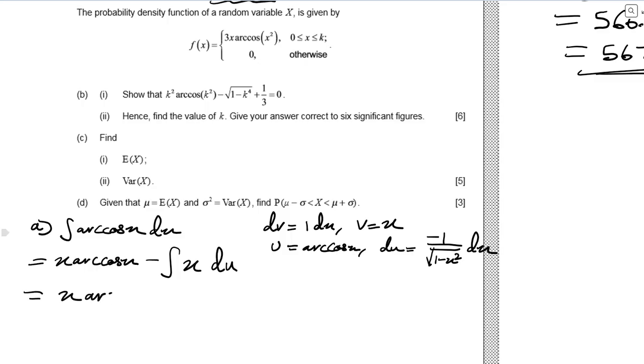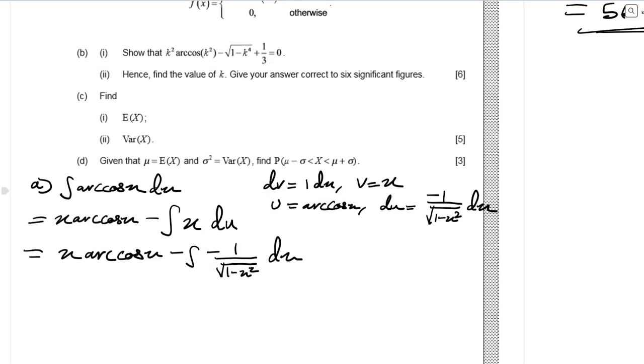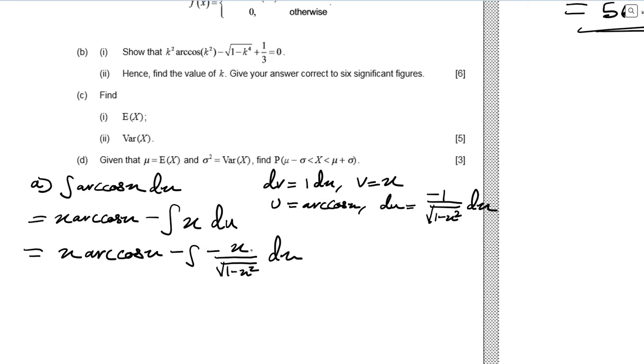But we know what du is, so we just plug in du. Du is negative 1 over root 1 minus x squared dx. Sorry, there's an x there as well, and let's make this positive.